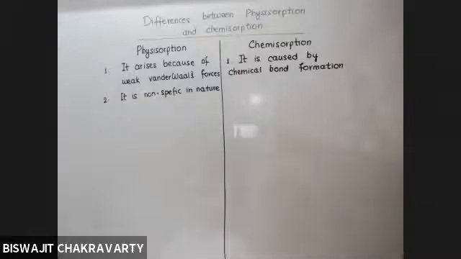See, when I talk about van der Waals forces of attraction, it can take place between any two molecules, whether they are similar or different, and no specification is required. But as far as chemisorption or chemical reactions are concerned, the two molecules that chemically react with each other have to be specific in nature.